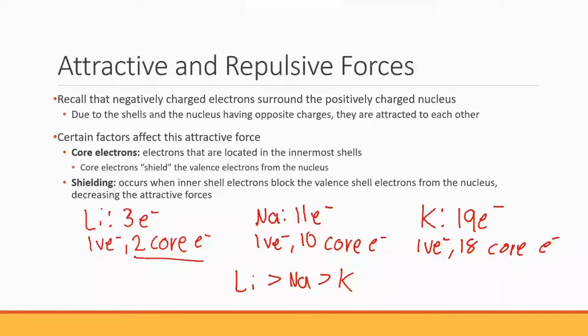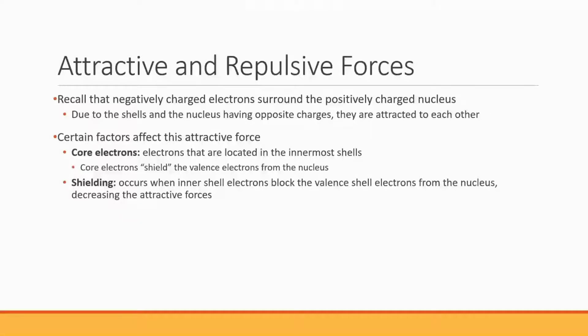Okay? So we can go ahead and add a trend to shielding to see how it changes going from left to right and going from top to bottom. So we already saw going left to right, shielding did not change at all. The number of core electrons stayed the same.